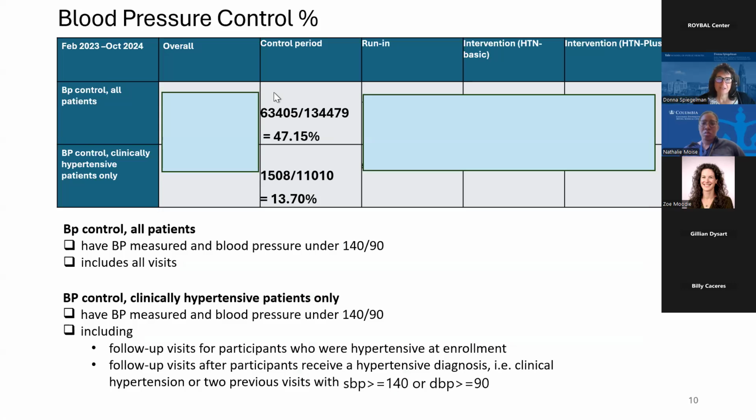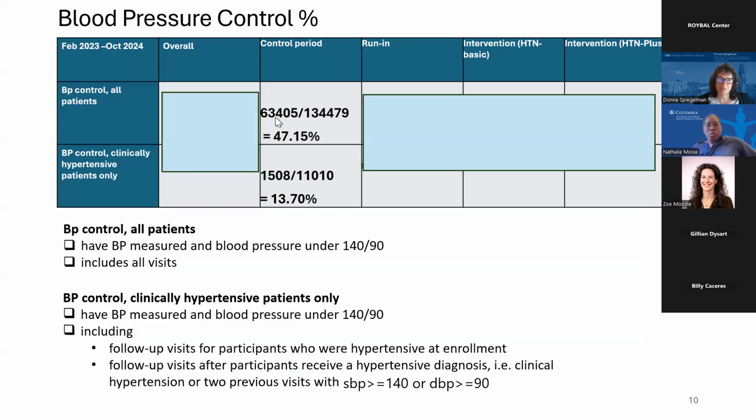And then here I'm showing you what the outcome is. The outcome is blood pressure control. In the control period, like 47% had their blood pressure controlled of all patients, including non-hypertensives. And you can see it's a very large study. This is preliminary data, not the full end data of the study.